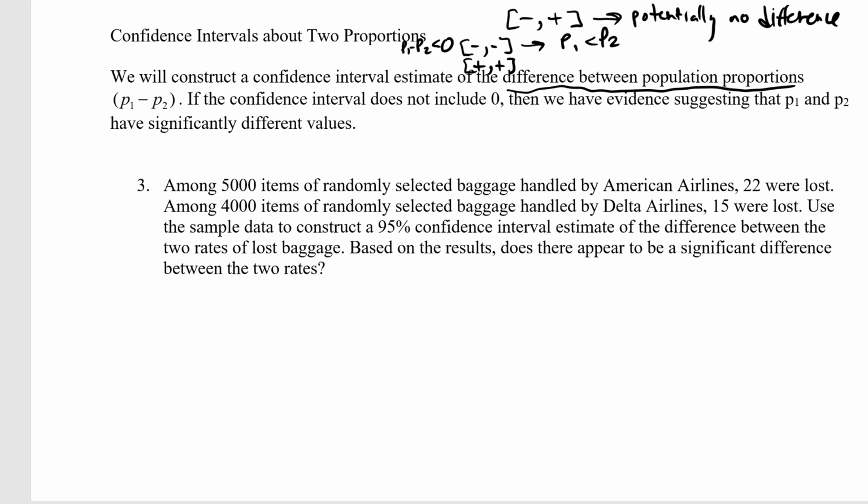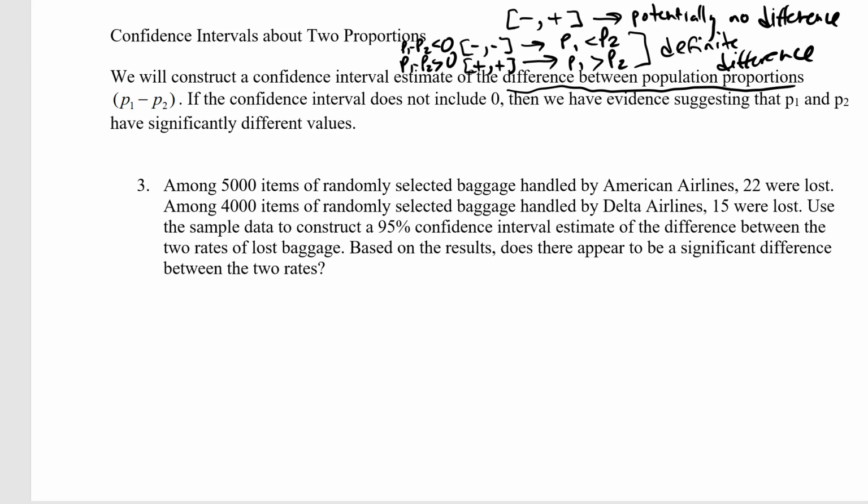If I get all positive, then P1 minus P2 greater than 0, that implies what? P1 this time must have been greater than P2. Why? Because when I subtracted them, I was left with all positives. Okay? But either way, both of these imply there is a definite difference.